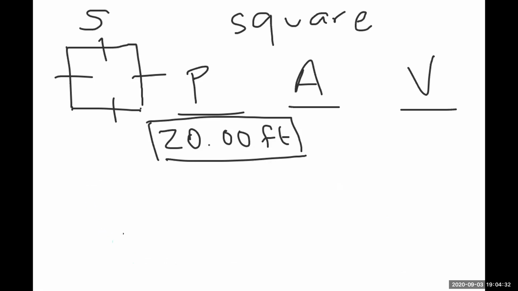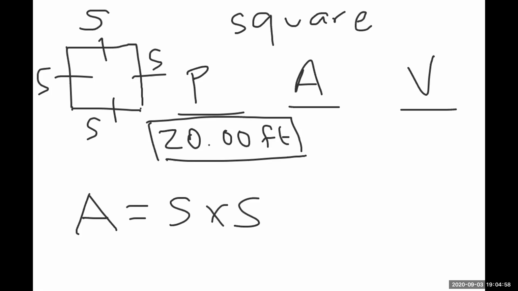Okay. So the area of a square, since all sides are equal, that means the top is an S, the right is an S, the bottom is an S, and the left side is an S. Area of a square is S times S, which equals S squared.